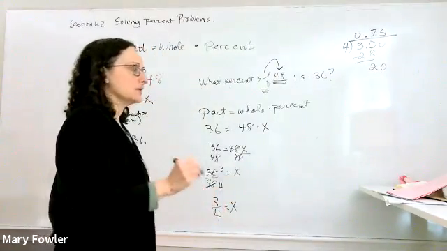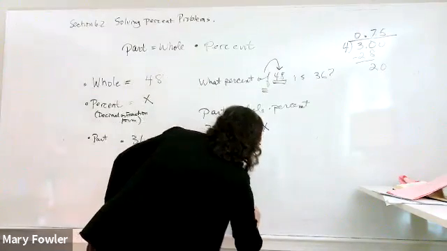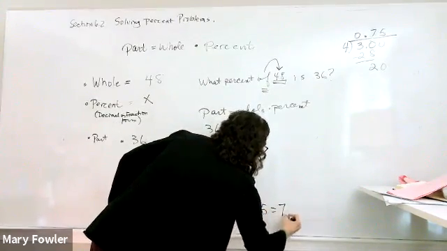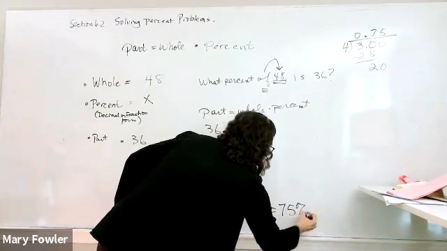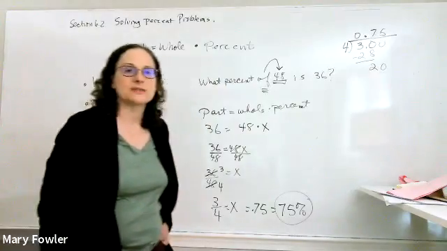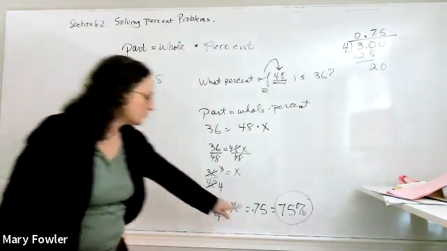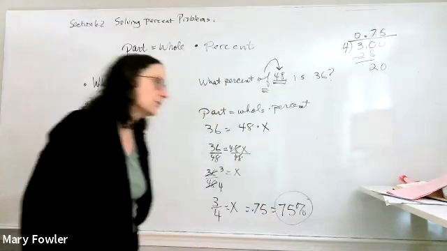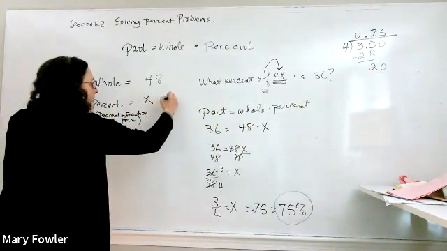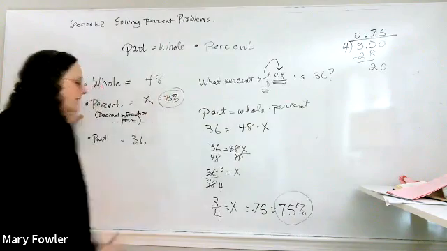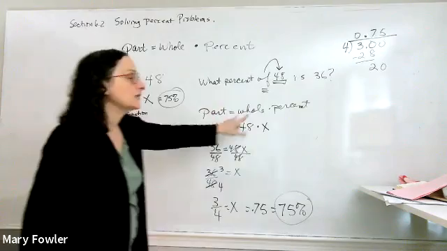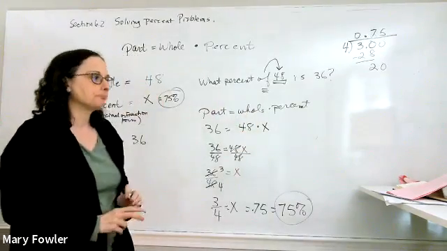So X is 3/4, and that's 0.75, and it's also represented as 75%, moving from decimals to percent. Okay, you can times 100%, or you can move that decimal point over. So what we get here is 75%. That is, 36 is 75% of 48.